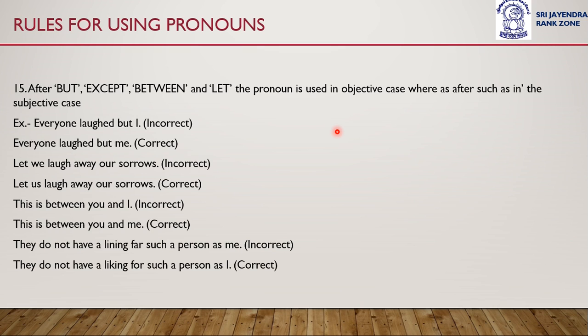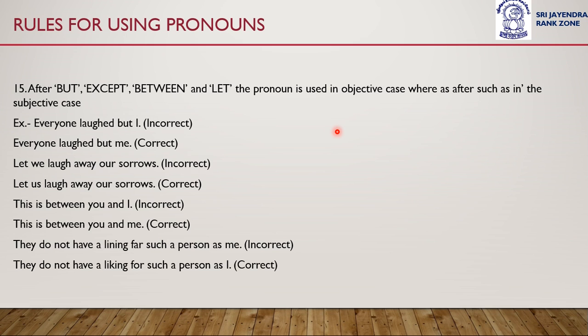Alright, another example is let we laugh away our sorrows. It is an incorrect statement because we cannot use we. It is for the subjective case. We have to use us. The correct statement would be let us laugh away our sorrows. Another example can be this is between you and I. The correct statement would be this is between you and me.